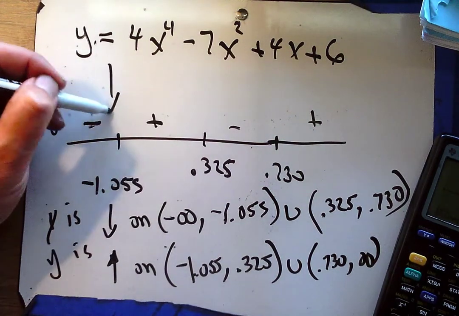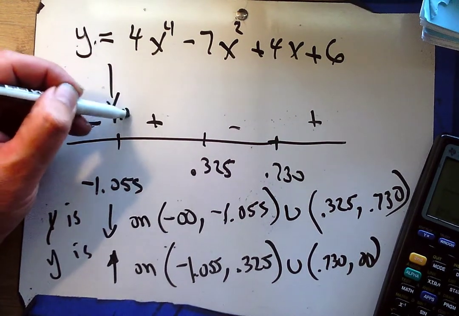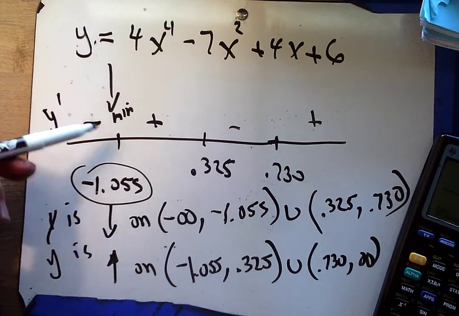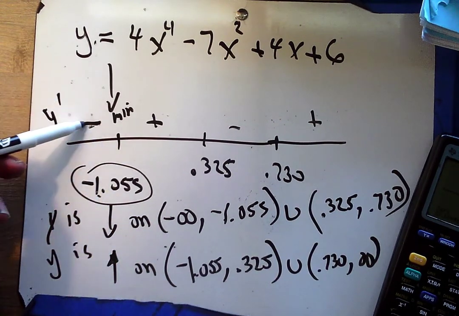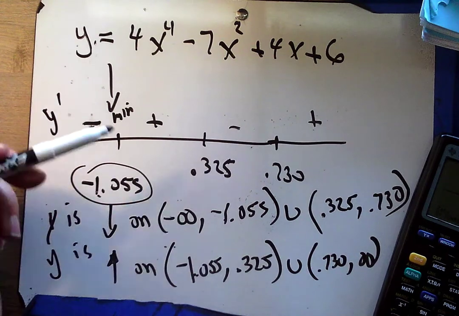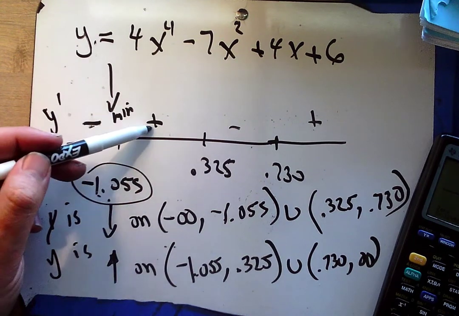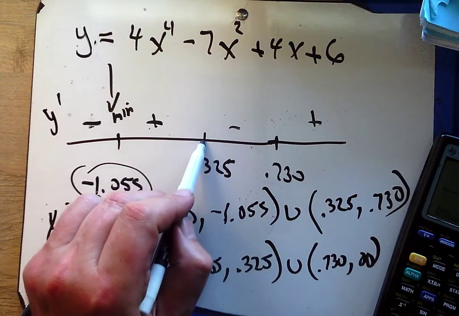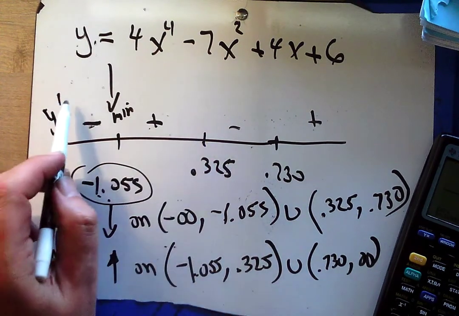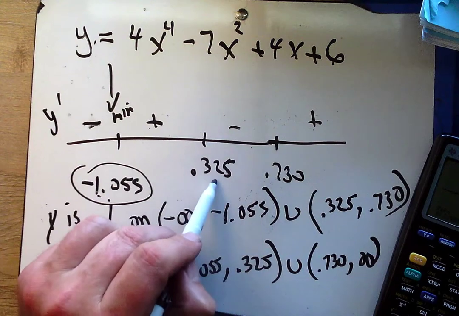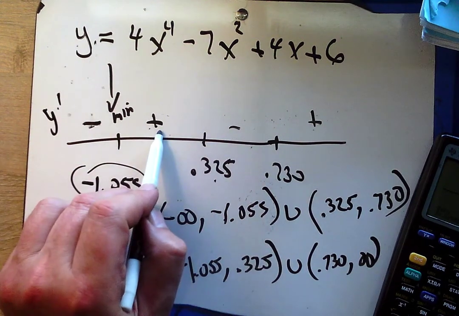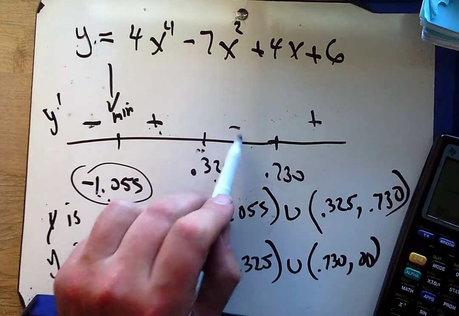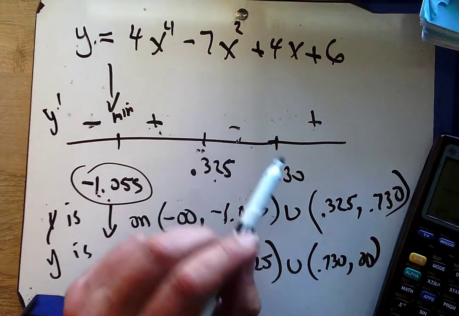I can see that there's a min here on y, because to the left of this number, y prime is less than 0, and to the right of this number, y prime is greater than 0. I see I have a maximum here on y, because to the left of this point, y prime is greater than 0, and to the right of this point, y prime is less than 0.